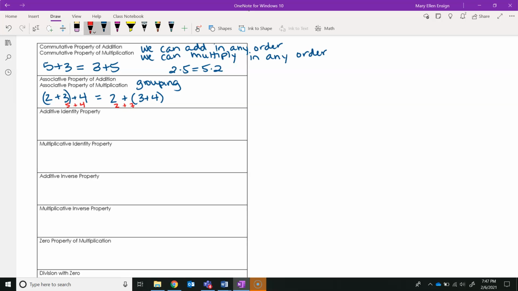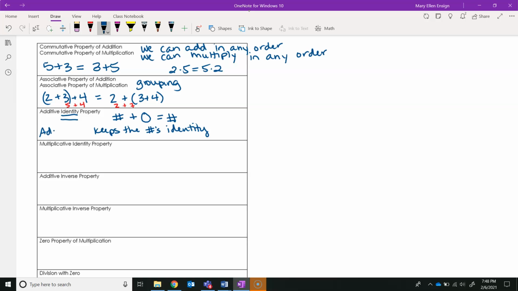Okay, additive identity property. So the identity is who you are, right? So what can I add to any number to keep that number the same? Well, I can add 0, right? Any number I have, if I add 0, this keeps the number's identity.